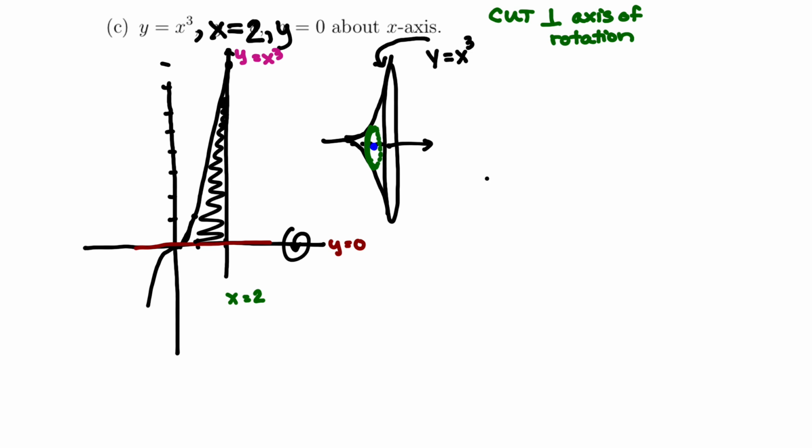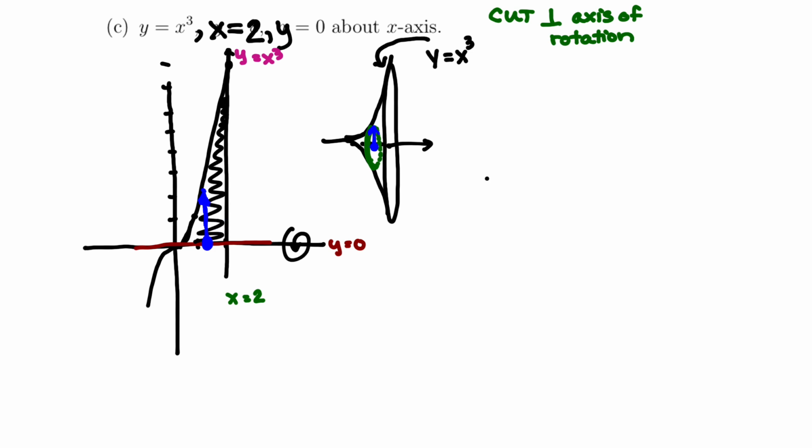My radius always measures from your axis of rotation to your curve. So make sure that you can say, my radius is perpendicular to my axis of rotation and goes to the curve.